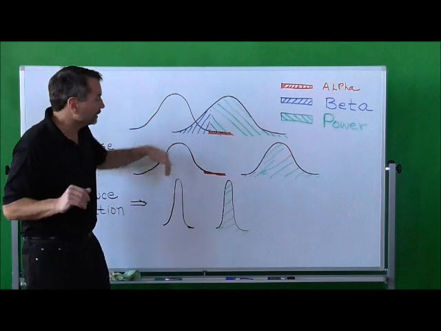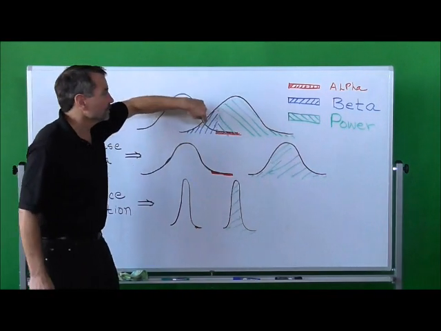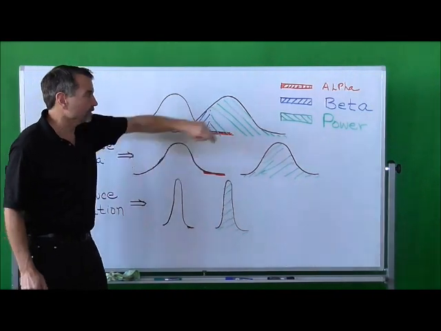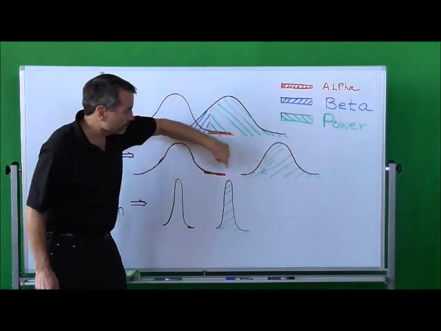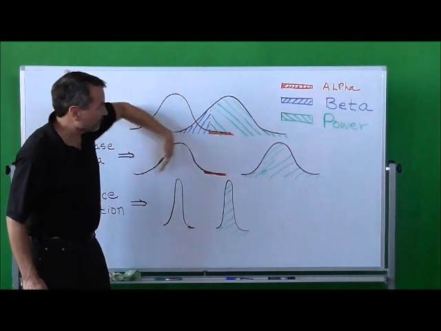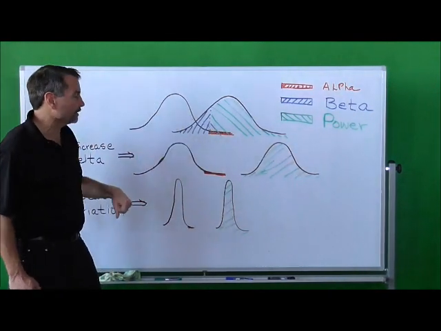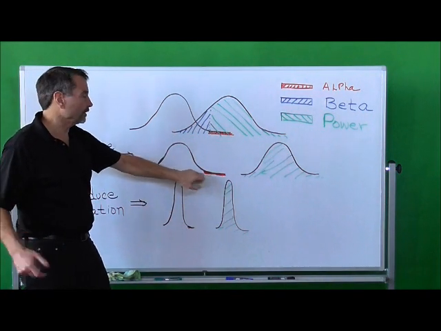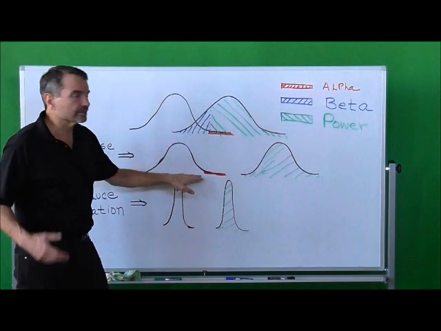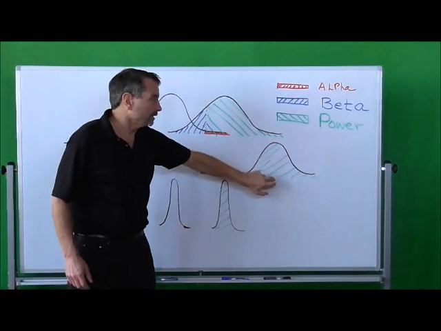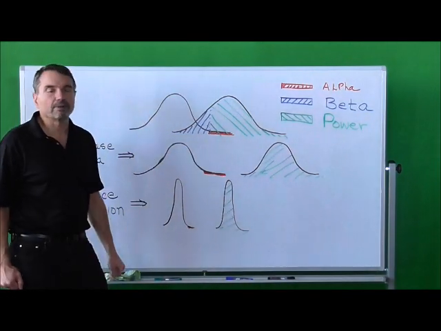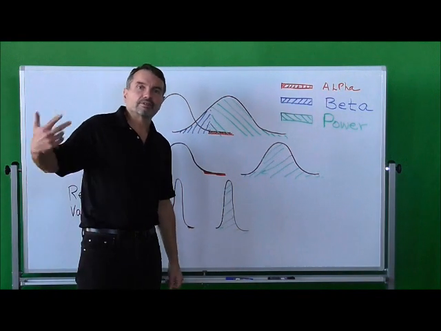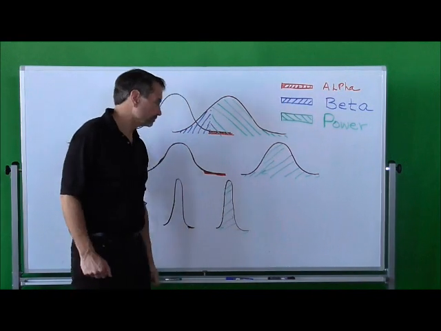When you do that, then you reduce the beta error and you increase the power, as we've shown in the second graph here, where we have our alpha error. Beta error is essentially eliminated, and we have almost 100% power in our experiment, provided there's a factor associated with it.